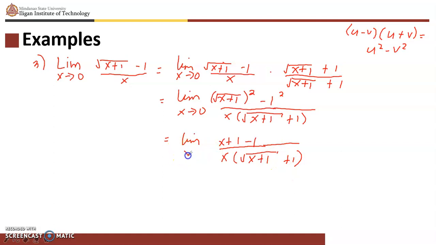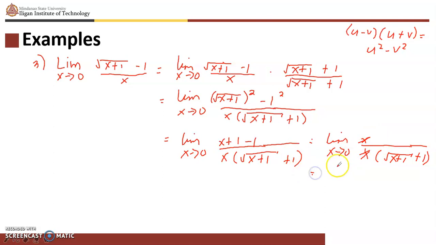As x approaches 0, x plus 1 minus 1 should give you x, and then divided by x, so that will give us the limit of x all over x times square root of x plus 1 plus 1 as x approaches 0. Since x is just approaching 0, you can cancel this out.